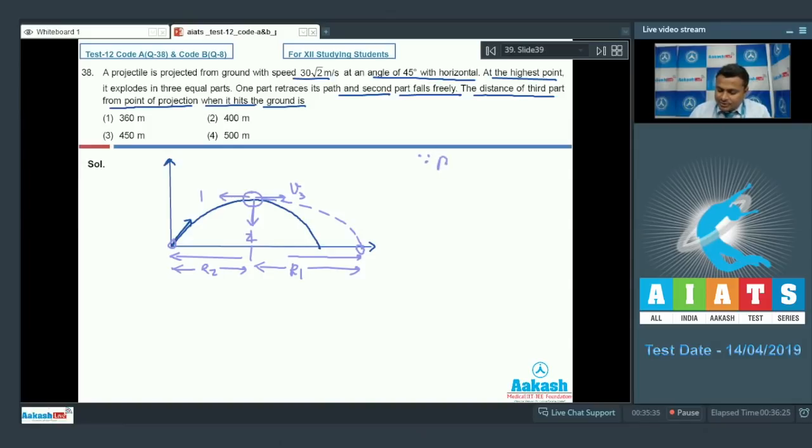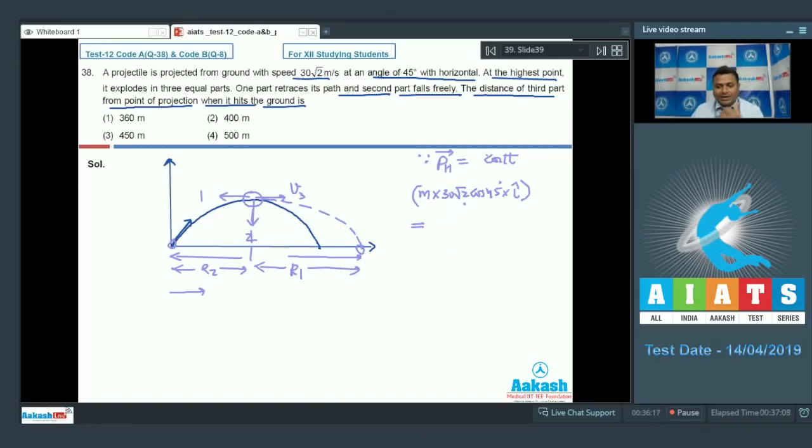So since along the horizontal the momentum is constant, we can write the initial horizontal momentum before the explosion: mass into horizontal velocity, that is 30 under root 2 cos 45 degree multiplied by i cap, this is the direction horizontally, must be equal to the final momentum, meaning the momentum after the explosion.